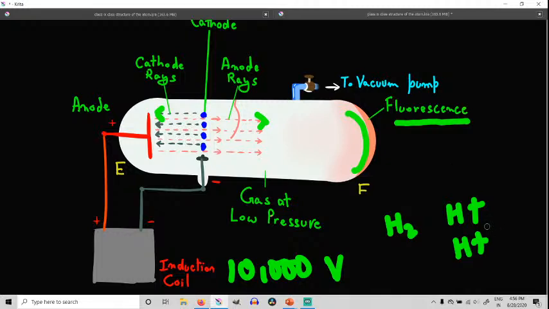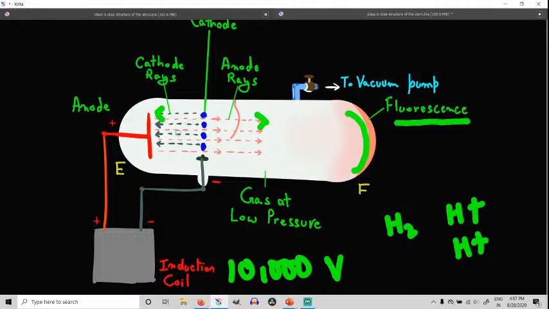And then what is going to happen? The remaining part of the atom becomes a positively charged particle, and these positively charged particles travel in the form of a stream towards the cathode. You can see the pink color stream going this side, and the black color stream going towards the anode, and they pass through these holes. It means the pink stream carries positively charged particles, and the black rays carry negatively charged particles.